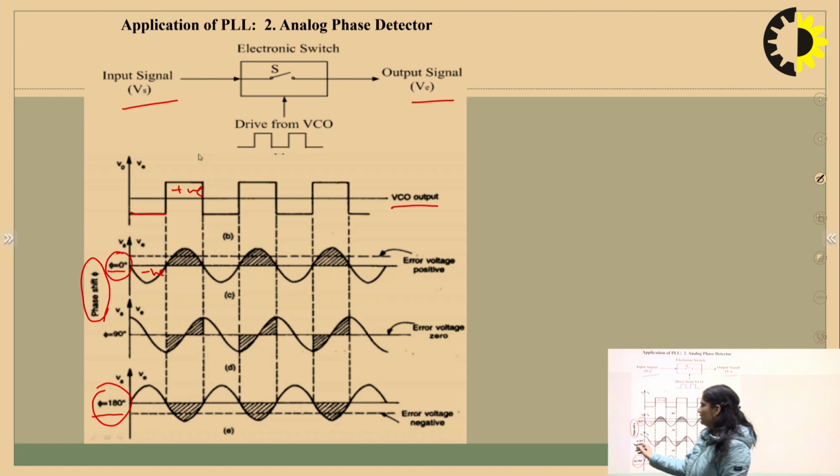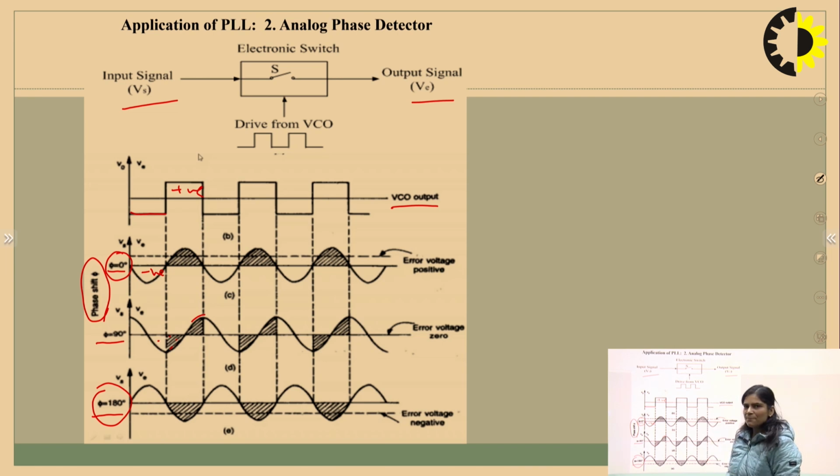Now if we are talking about phi equal to 90 degree, when we apply the square wave, some part of the output wave is in negative and some part is in positive. It means the positive and negative magnitudes cancel out, and we will get 0 error.